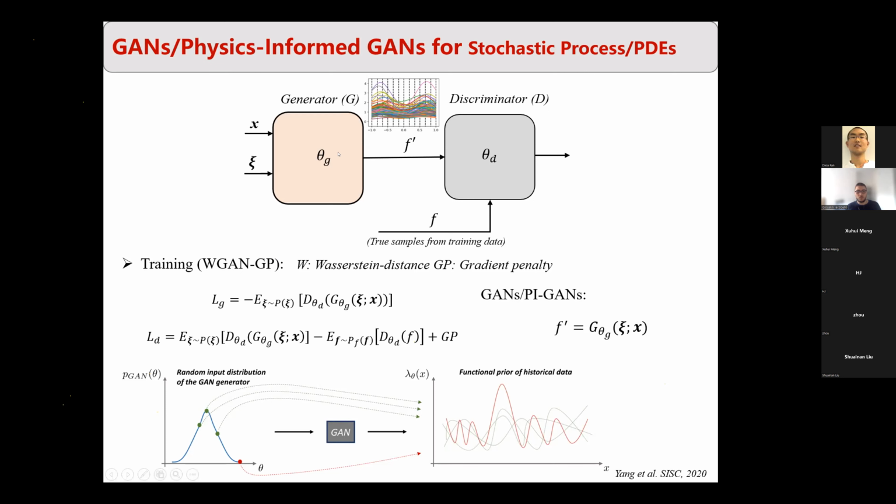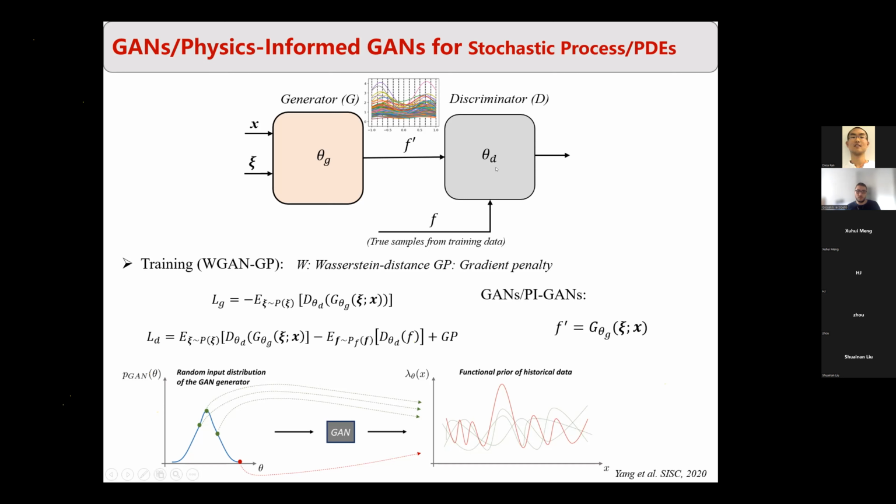This is a schematic of generative adversarial networks, which we call GANs. It has a generator and a discriminator. The generator takes x locations, or the coordinates, and also samples from very simple distributions, for example, a uniform distribution or a Gaussian distribution, and then maps them to a sample of a stochastic process.